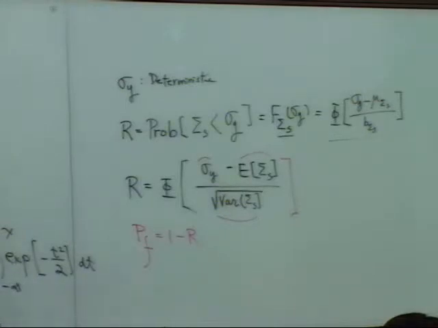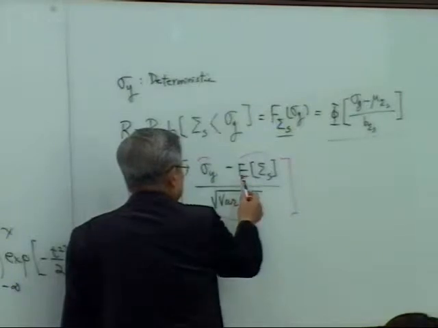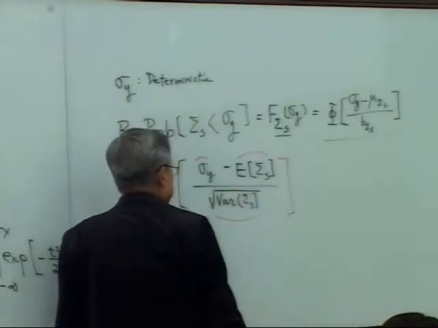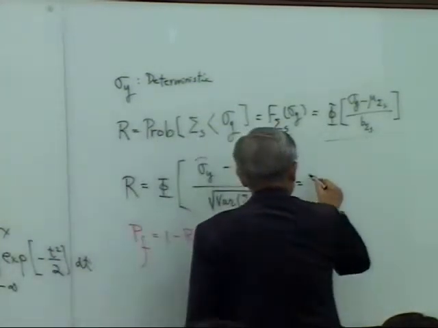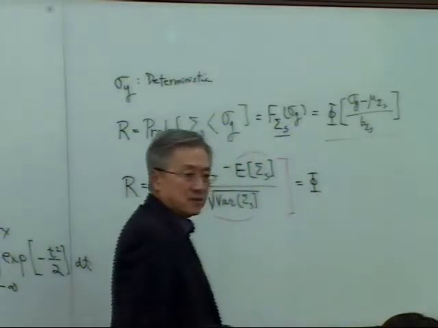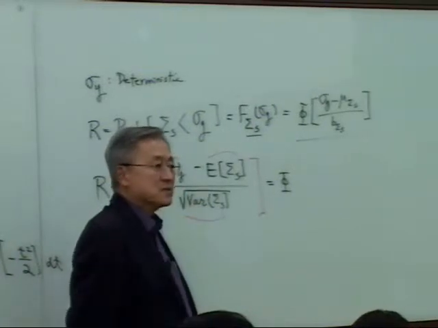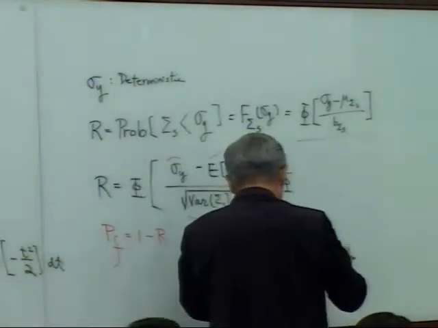And this you can divide, up and down, by the expected value of the actual stresses. Then you can express this in terms of N1. What's the N1? Central safety factor. That's what you use.